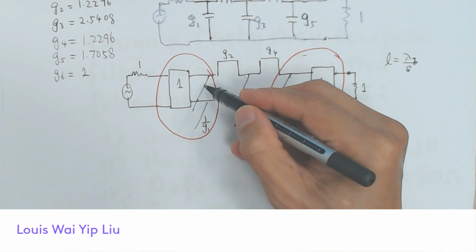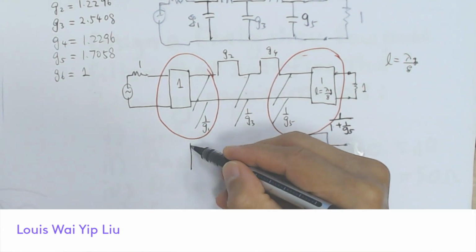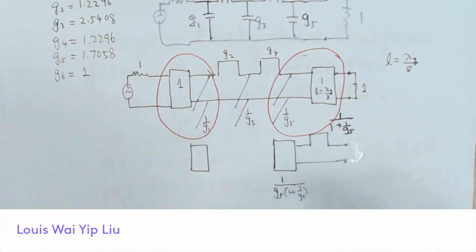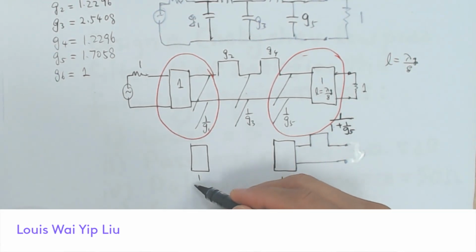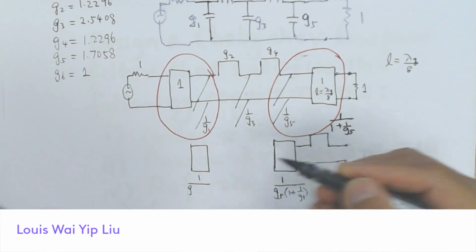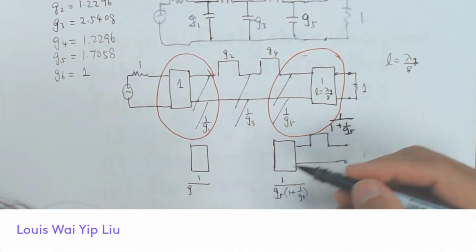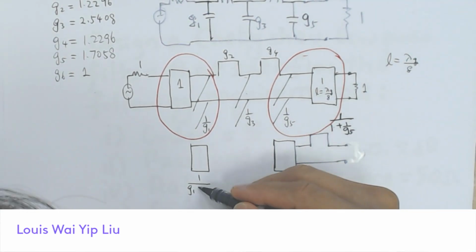So this one will become like this. So another transmission line section, the characteristic impedance is going to be 1.